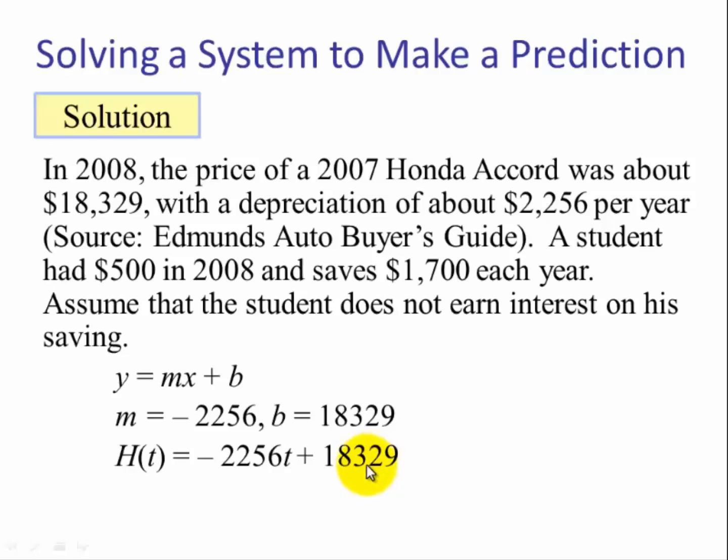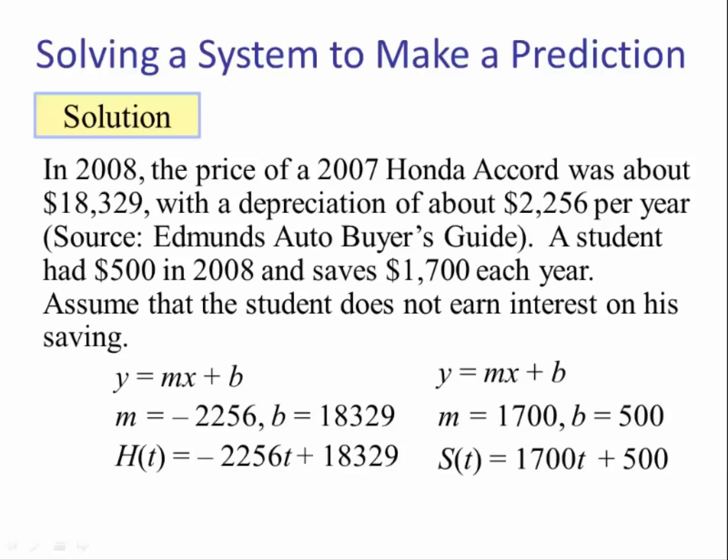And then we have our y-intercept, our b, which is 18,329. For the other function, the student savings, we know that the slope is $1,700, which is positive, and the starting value was $500. So the equation would be s(t) equals 1,700t plus 500.